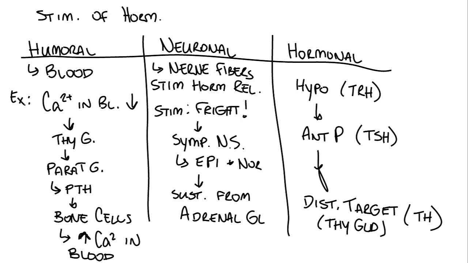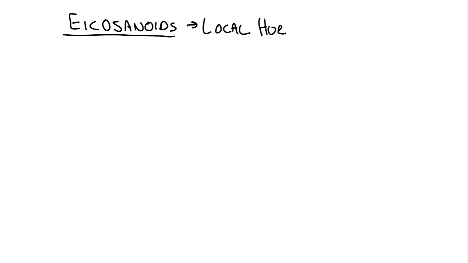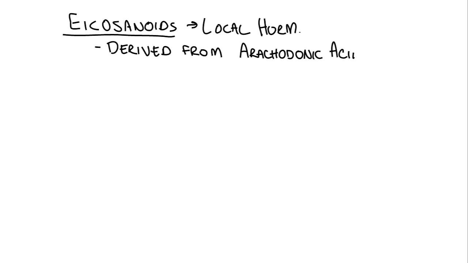I have one more thing to show you and then we'll be done. There's a class of hormones that are not dumped into the blood. They're called eicosanoids. When they're not dumped into the blood, we call those local hormones. This specific class are derived from arachidonic acid. Since they're local, we have names for that.